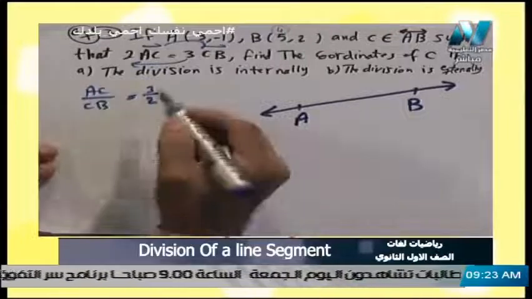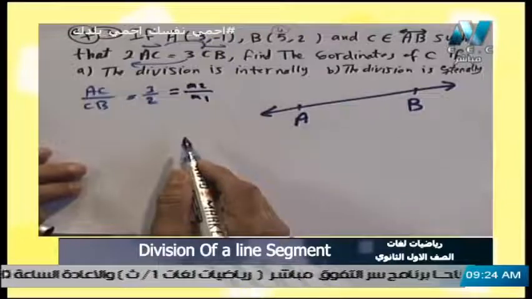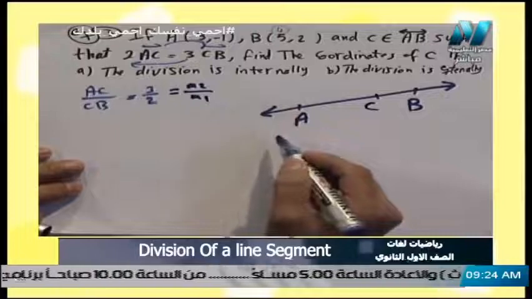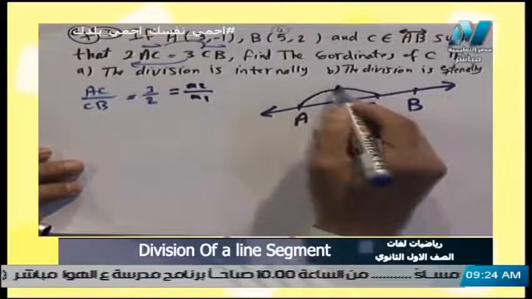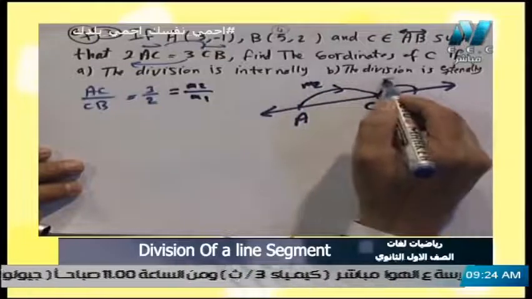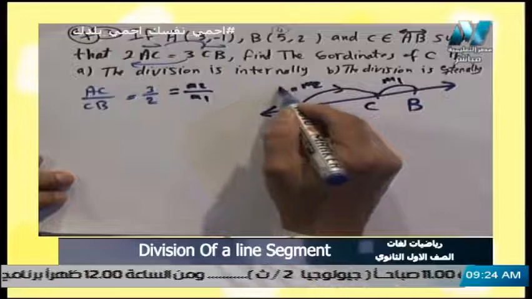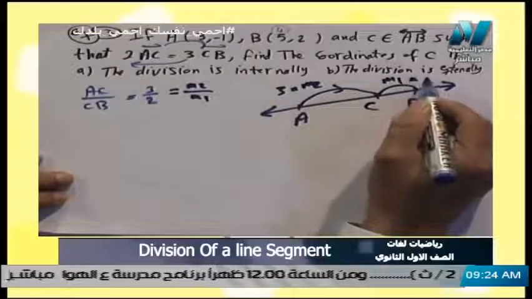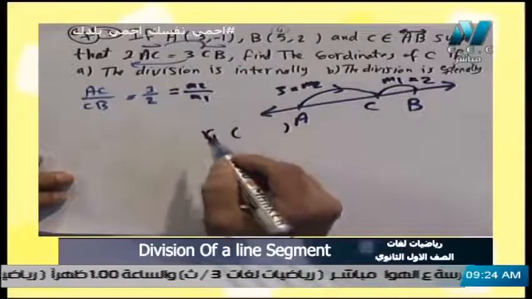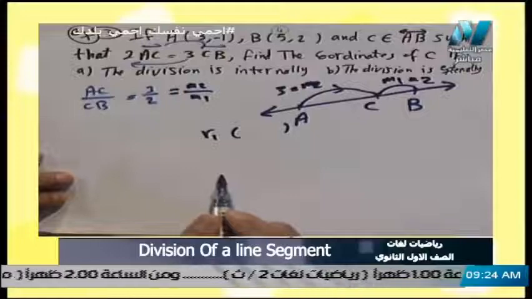So it's now M2 over M1, and C can be here, and this is M2, and this is M1. So here M2 equals 3 and M1 equals 2, and we know A is R1 because he talks about the division of line segment AC.